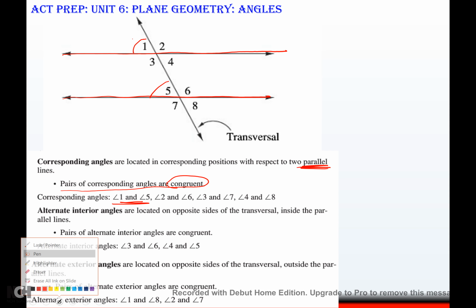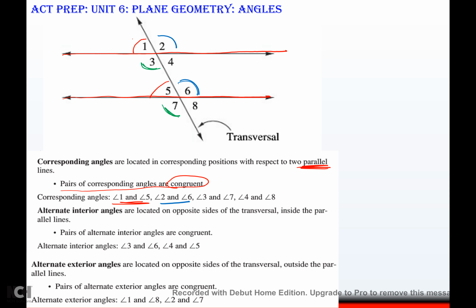Okay, so you'd have another pair at 2 and 6, because this is on top of the parallel on the right and this is on top of the parallel on the right. So they're in corresponding positions. Okay, 3 and 7 is below and on the right.